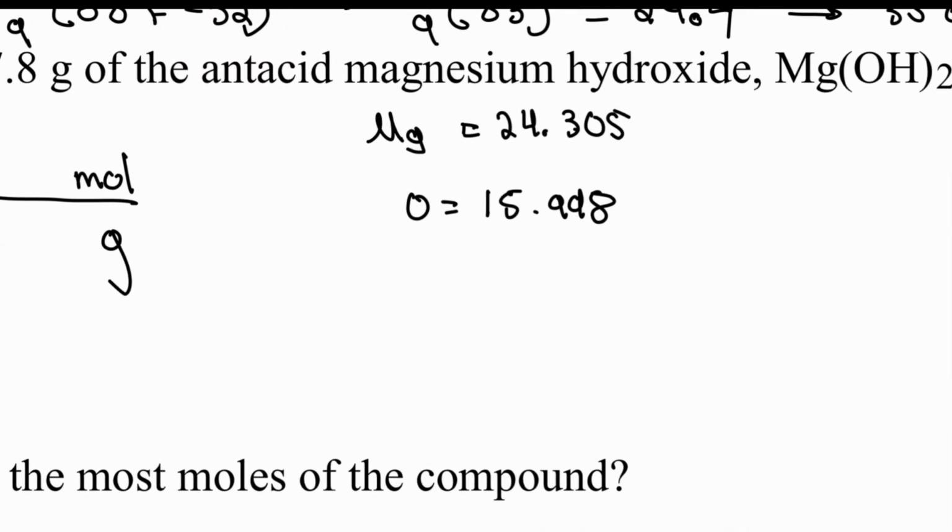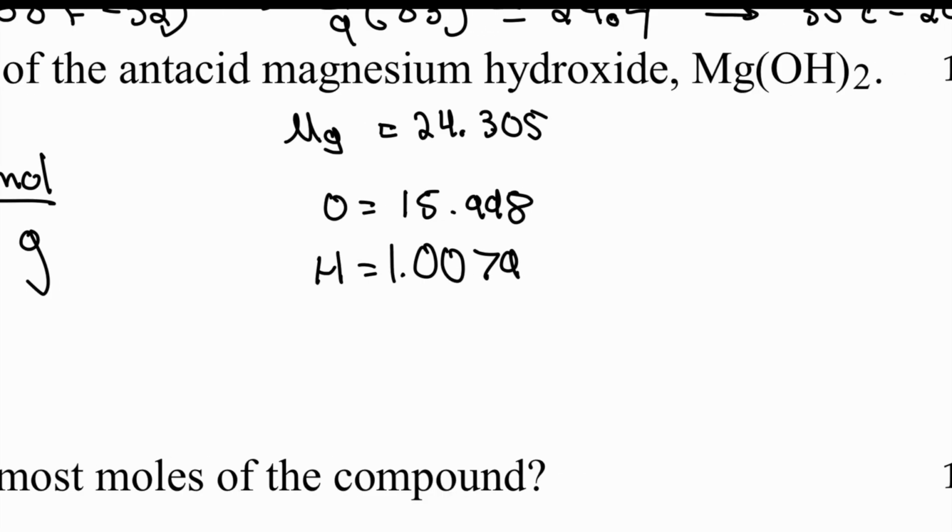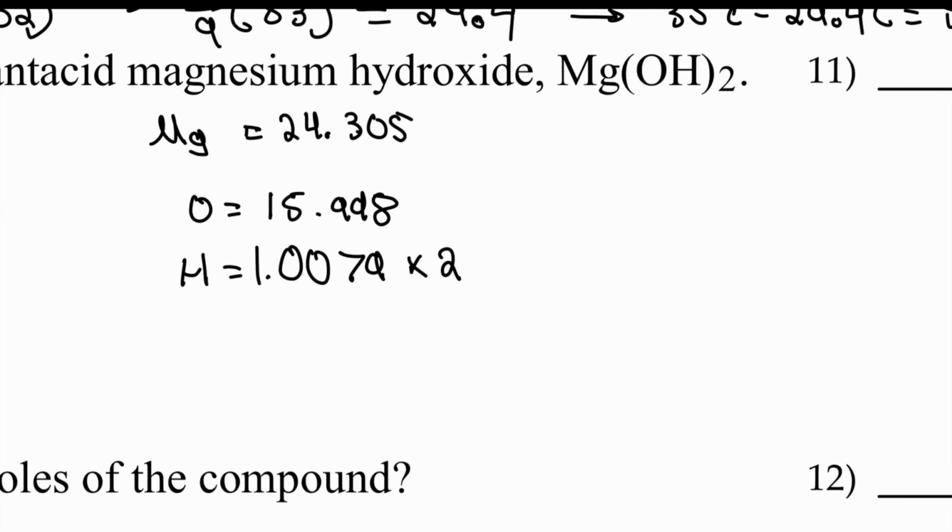It's 15.998. Hydrogen is going to equal 1.00, and I think on your periodic table it says 0.79 or something. I usually use 1.008. At least my reference table showed that.